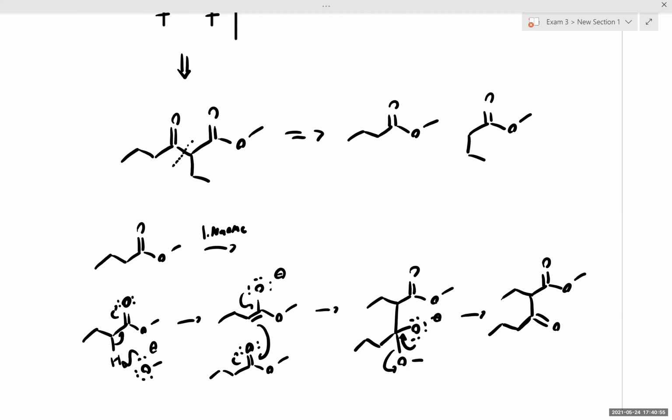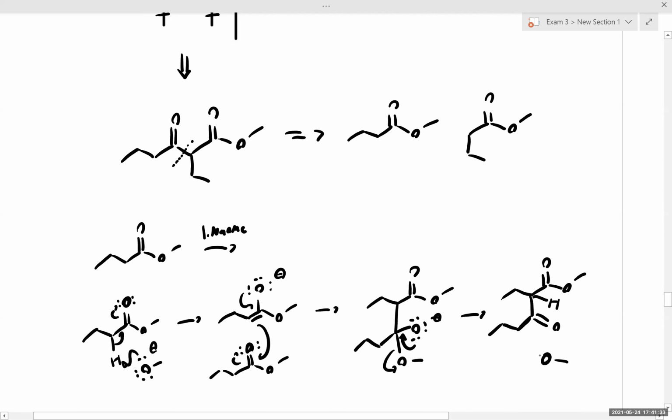So when we have this beta ketoester formed from the Claisen reaction, what drives the Claisen reaction to completion? What ensures a product-favored Claisen reaction? The deprotonation step, exactly right.